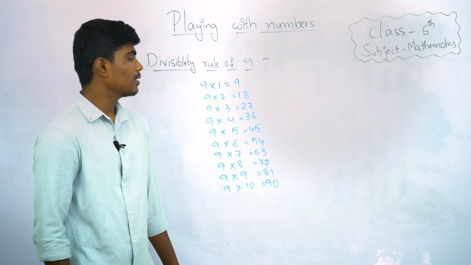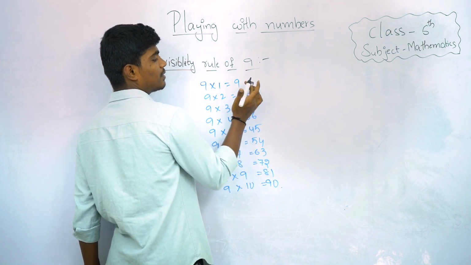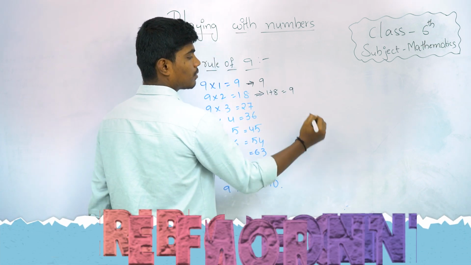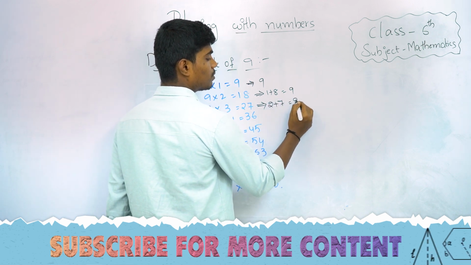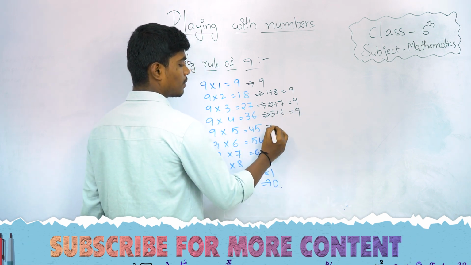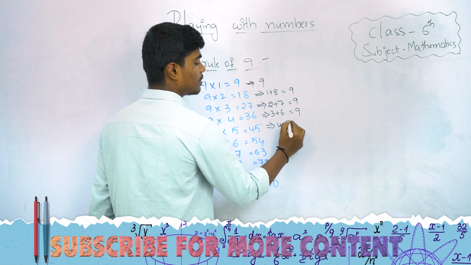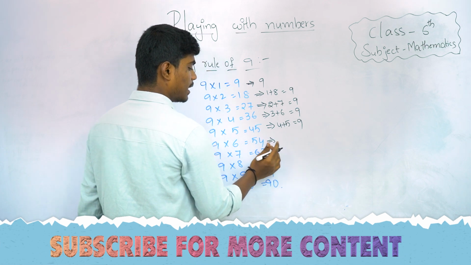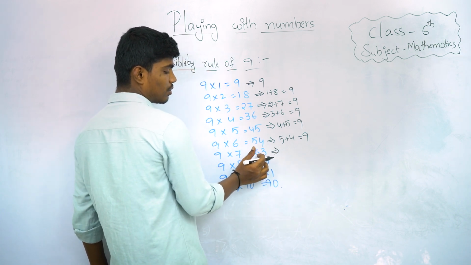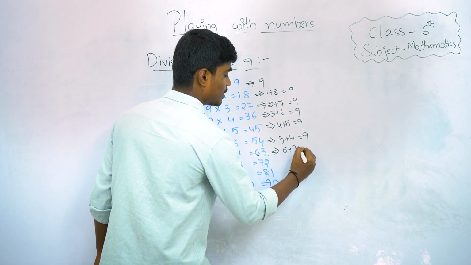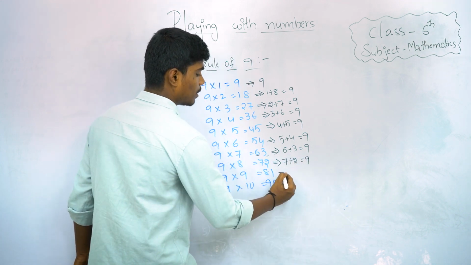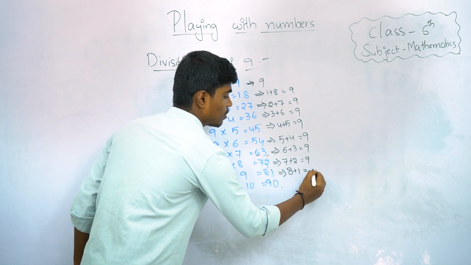Now let's add the digits in each number. Here the sum of the digits is 9. 1 plus 8 is 9. 2 plus 7 is 9. 36 means 3 plus 6, which is 9. 4 plus 5 is 9. 5 plus 4 is 9. 63: 6 plus 3 is 9. 72: 7 plus 2 is 9. 81: 8 plus 1 is 9.